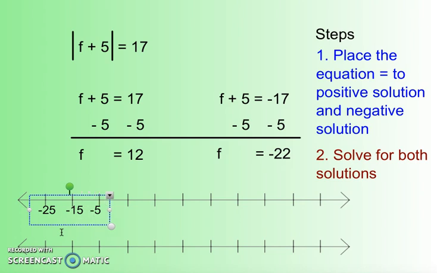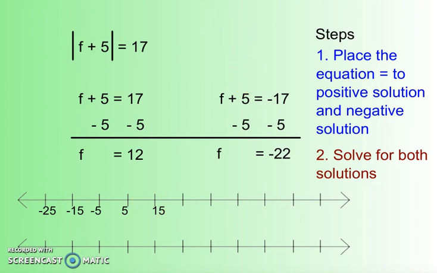Negative 5, and then 5, then 15. Well, even just those numbers, I don't have to use all of the dashes. I could keep going, but I counted by 10s, and that works. So now I can plot these numbers.